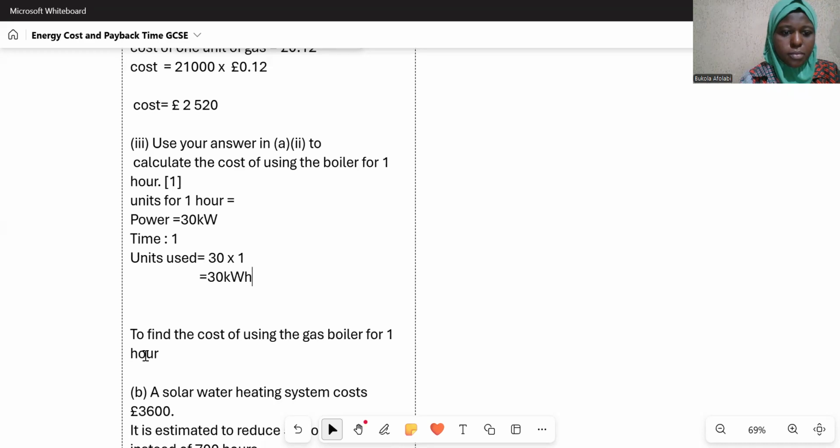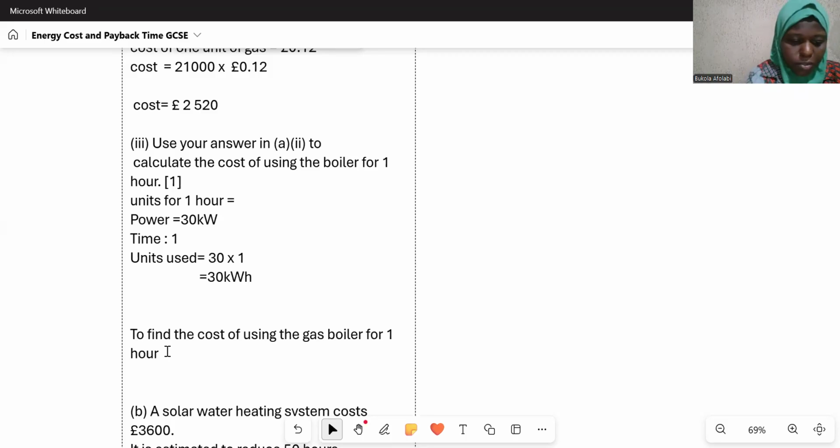So, to find the cost of using the gas boiler for 1 hour, we use the formula cost equals units used, which is 30 kilowatt hours, multiplied by the cost per unit of gas, which is 0.12.